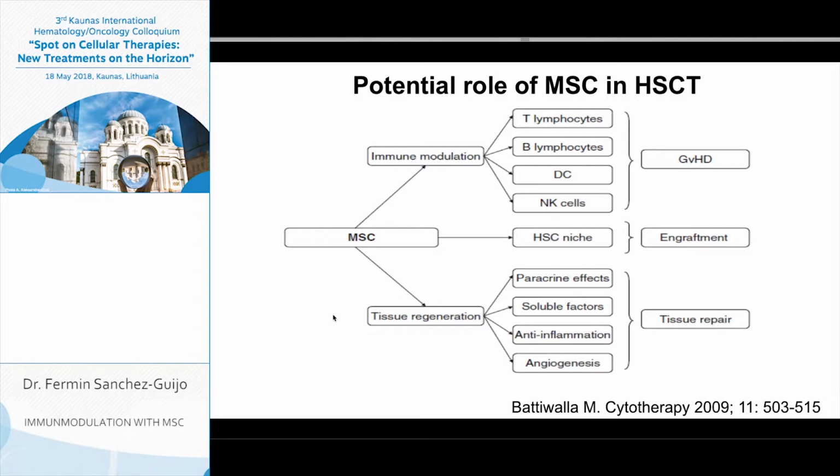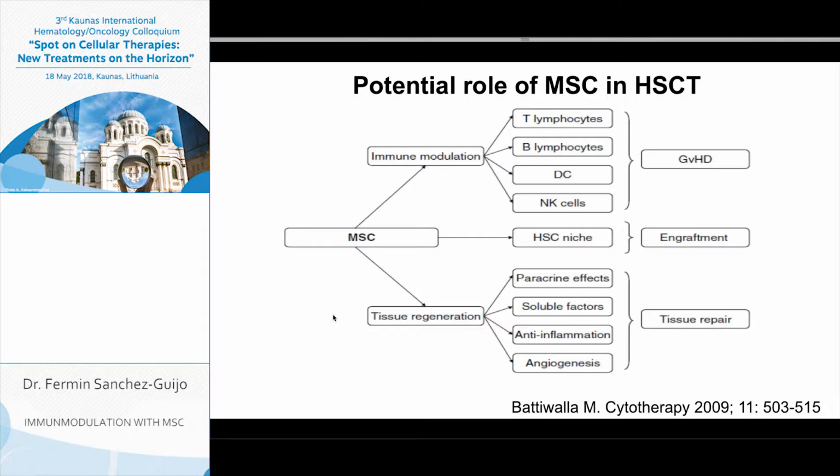So for this indication, they are potentially useful for treating steroid refractory GVHD. And since they are able to release many soluble and paracrine factors, they could also be of help in some complications of allogeneic stem cell transplantation such as hemorrhagic cystitis, and we have also used them in this setting. I will focus mostly on GVHD.